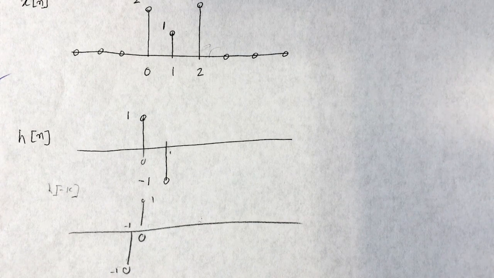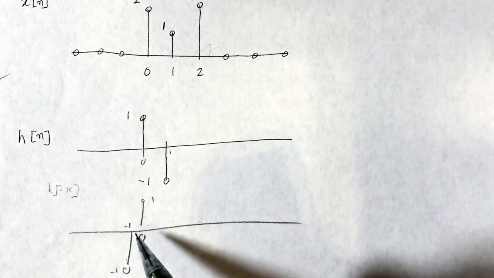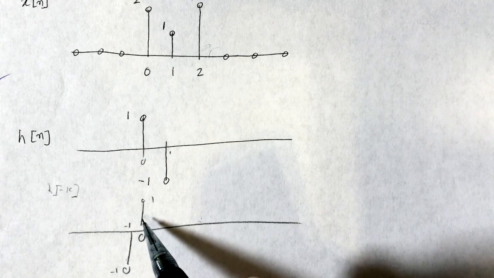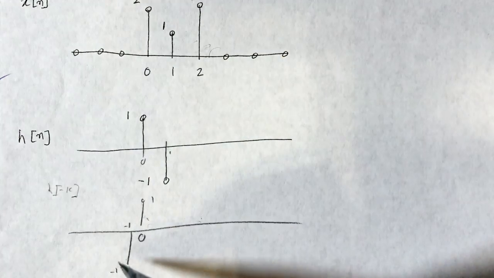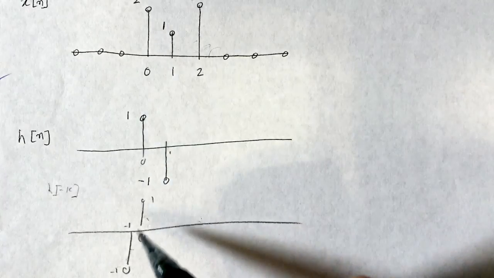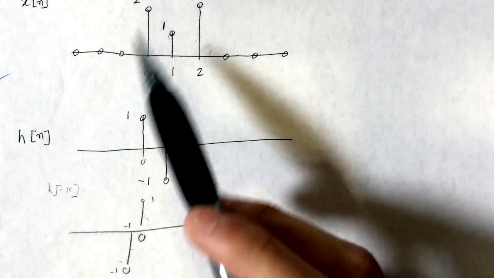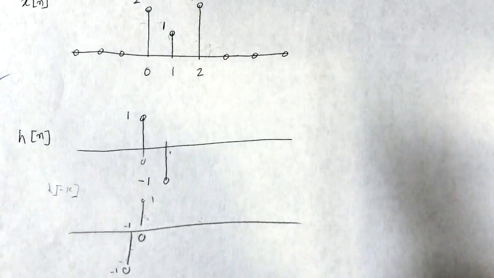Alright, and then now we have when n is greater than 0 but less than or equal to 2. Because when this is 2, this will overlap with this and this will overlap with this. But when it's 1, this will overlap with this and this will overlap with this right here.